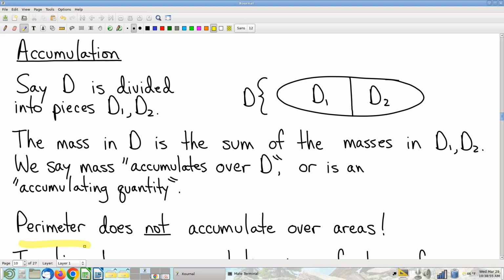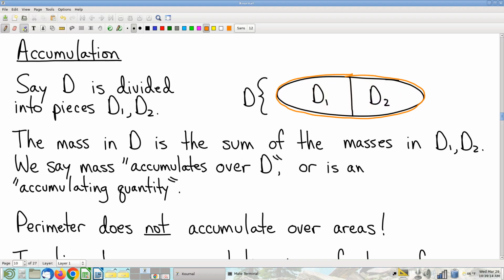So here's our first easy example. Perimeter, not an accumulating quantity. If I look at the whole and ask what the perimeter is, the perimeter is this orange distance. Right? Now let's look at the parts.